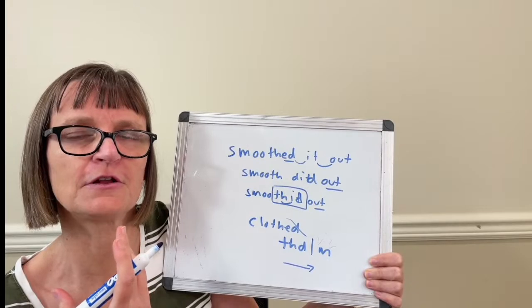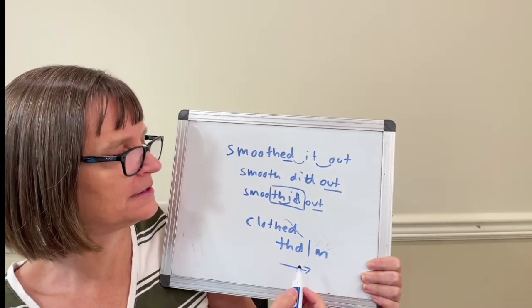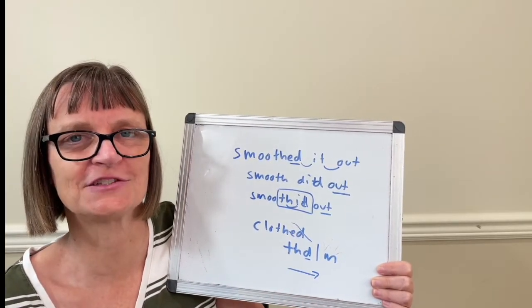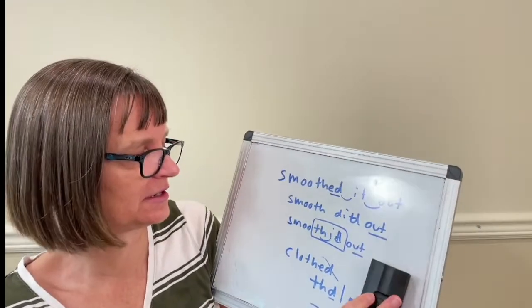That's a little easier. "Clothed my. Clothed." We have to use this D, otherwise we won't hear that we're using the past tense of "clothe." Yeah, definitely a challenging combination to do that voiced D, like "clothed" or "breathed it in." Easier when we're linking to a vowel like "smoothed it" or "breathed it."